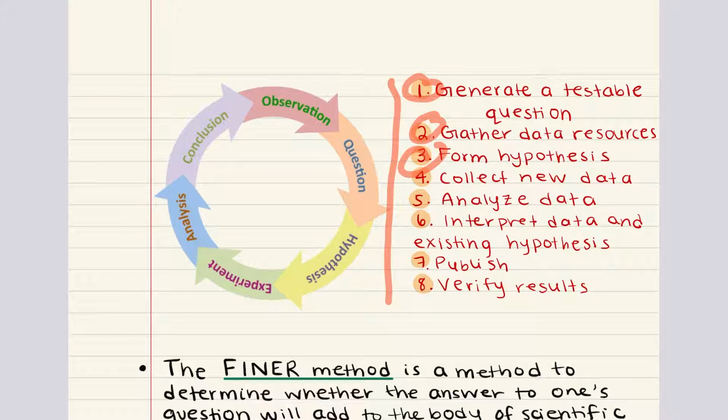After forming a hypothesis, the next step is to collect new data. This is where the researcher designs an experiment to test their hypothesis. So they might grow identical plants under different light colors and then measure their heights over time.